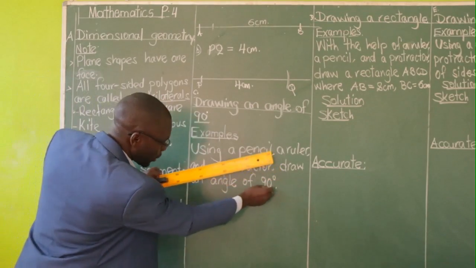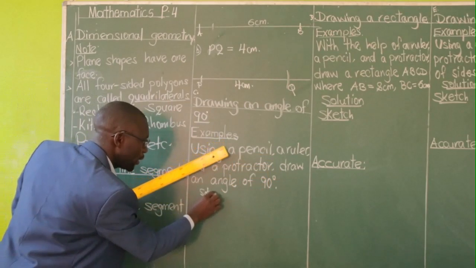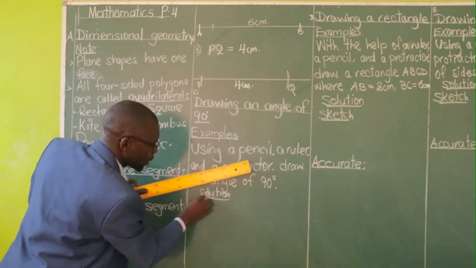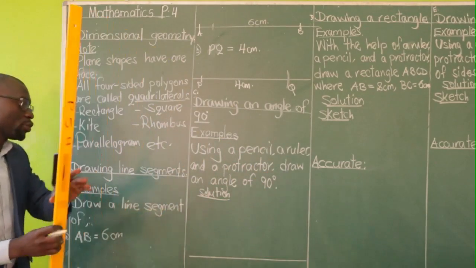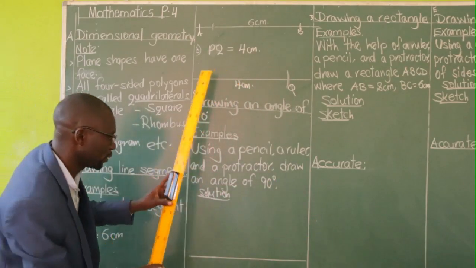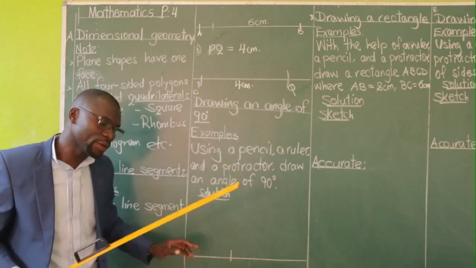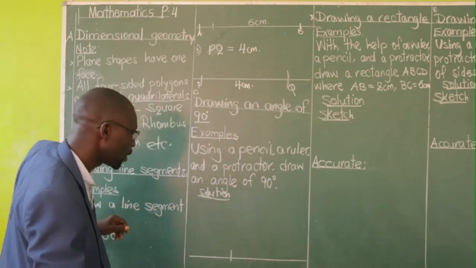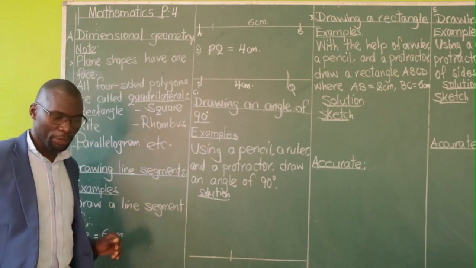Of 90 degrees. So we are going to draw a line here down, which will act as a baseline, where we base to draw an angle of 90 degrees. We are going to look first of all at this angle, and then we shall look at our body parts that can form angle 90 degrees. Now, this is our starting point.